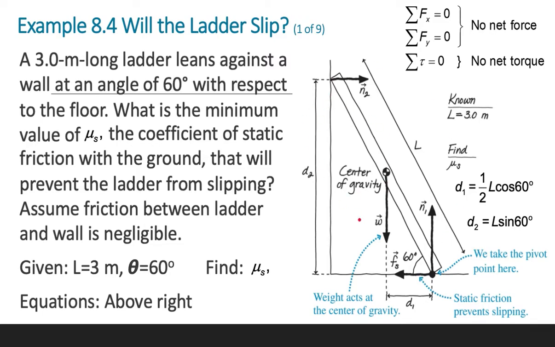So let's take a look and draw our problem and draw in our free body diagram. We have a ladder that is 3 meters long leaning against a wall. It makes an angle of 60 degrees with the floor. We know we have weight acting at the center of mass, or the center of gravity.